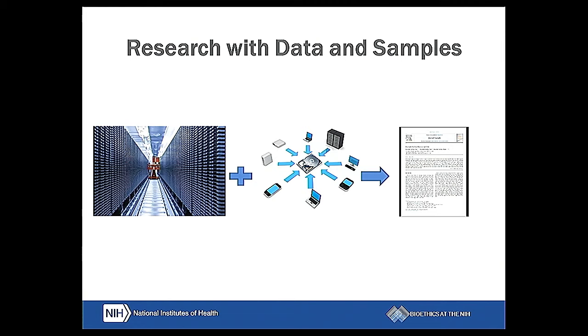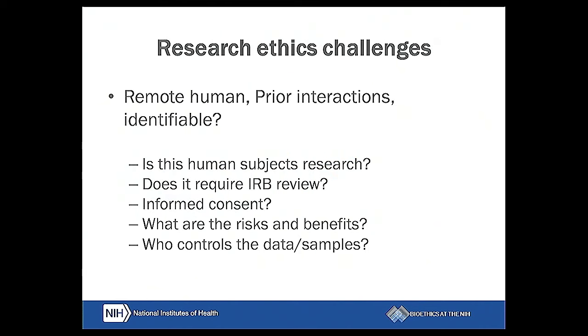There is no human being that you're relying on. And in fact, most of the time, the data that you're using for secondary research is not data that you had anything to do with collecting in the beginning, or samples that you had anything to do with in the beginning. So that creates lots of really interesting research ethics challenges.